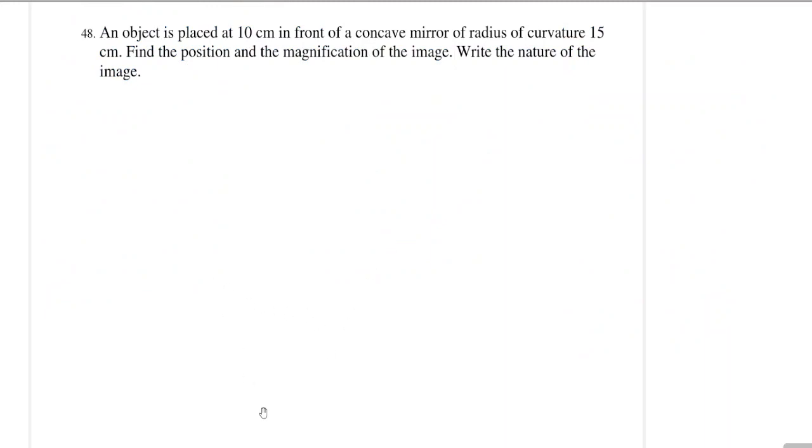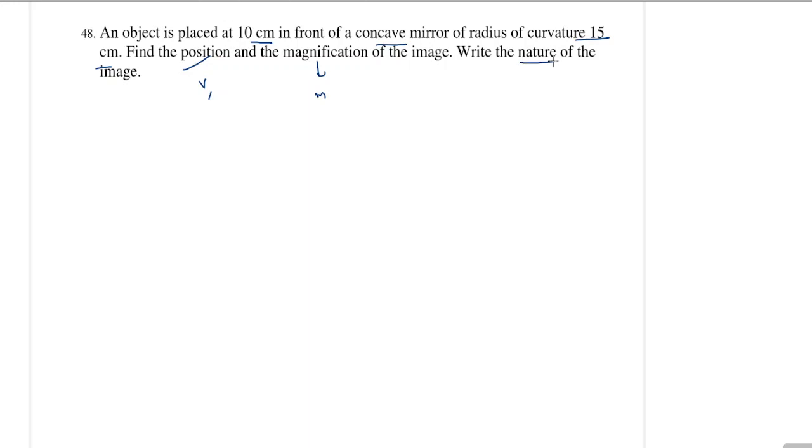What it says: an object is placed at 10 cm in front of a concave mirror of radius of curvature 15 cm. Find the position and magnification of the image. So here it says find the position, which means find what is v, and find the magnification, which is m.